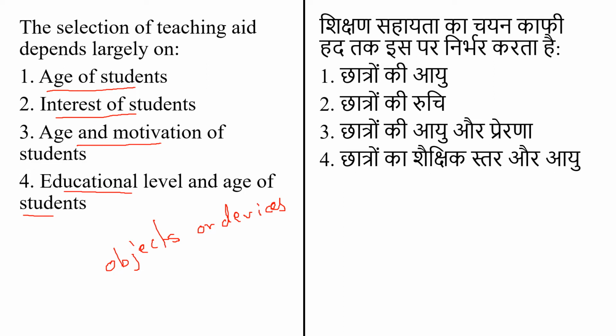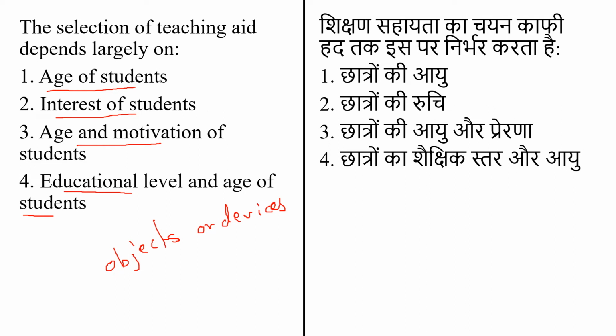Now, the use of teaching aids depends largely on which of the following factors they are asking. So it will be the educational level and the age of the student. Why the educational level and the age of the student? Suppose a child is learning in class first or at KG level, we can't show big videos or a big chart because the student will not understand anything, right?